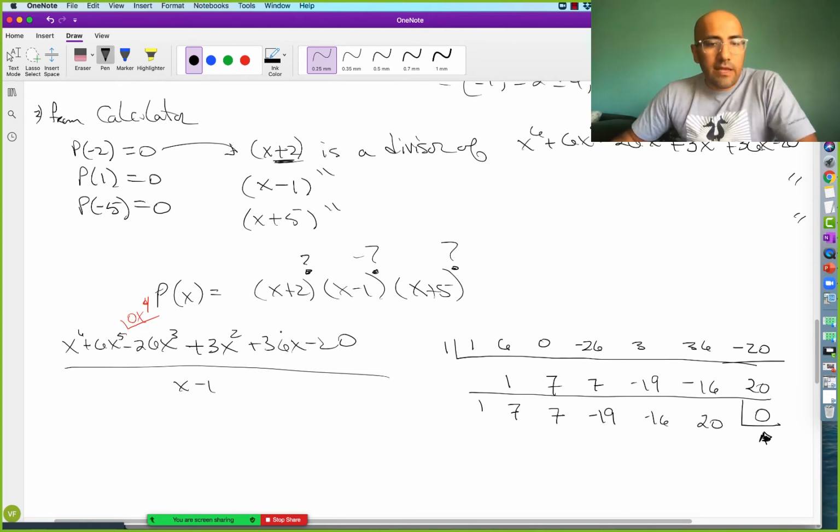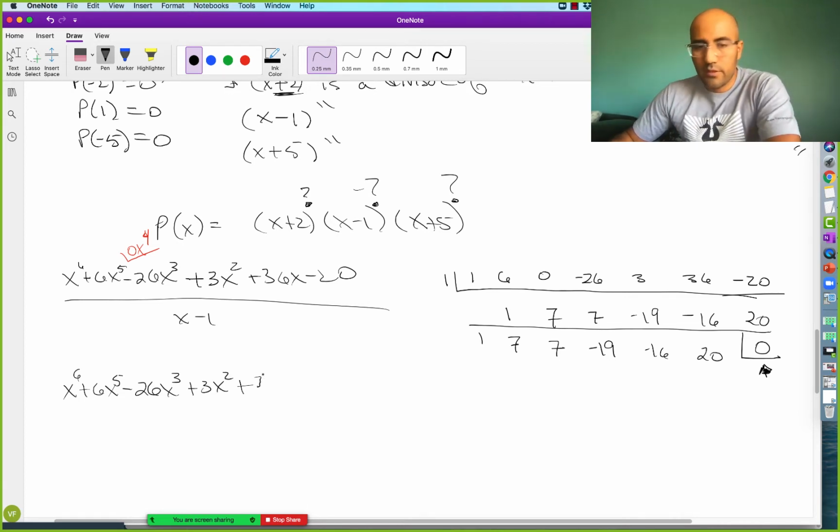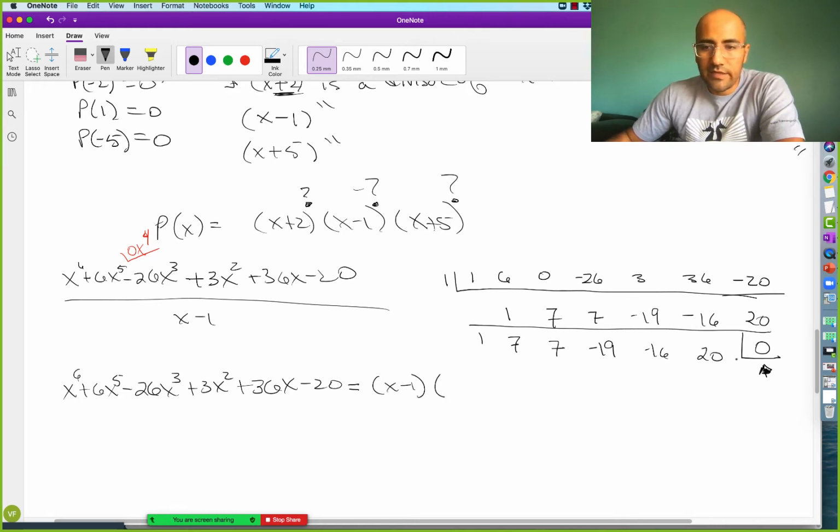Okay, so that means that when I divide this, it's going to give me a new polynomial of degree 5 because this has degree 6. So degree 5 where these are all the coefficients. So far, I've established that this is true. The original polynomial given, minus 26x to the 3rd plus 3x to the 2nd plus 36x minus 20 is equal to x minus 1 times, and then I'm going to take all these coefficients and do a polynomial with degree 5.